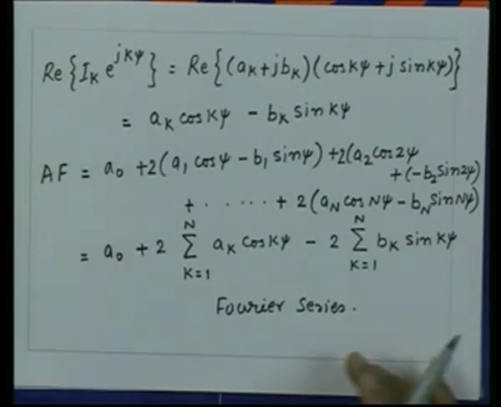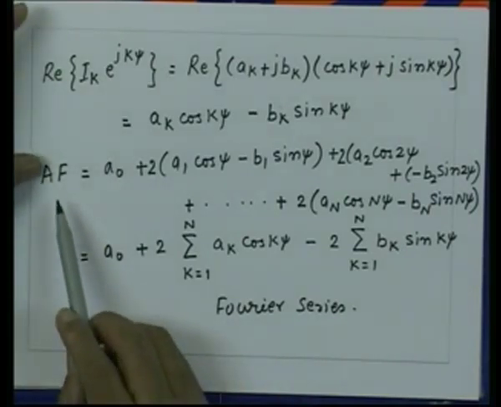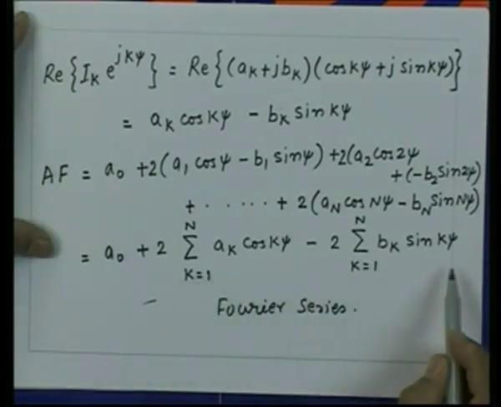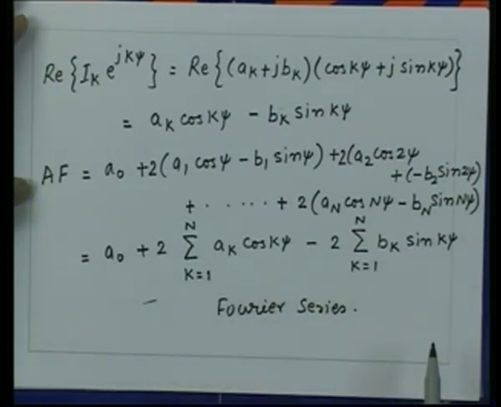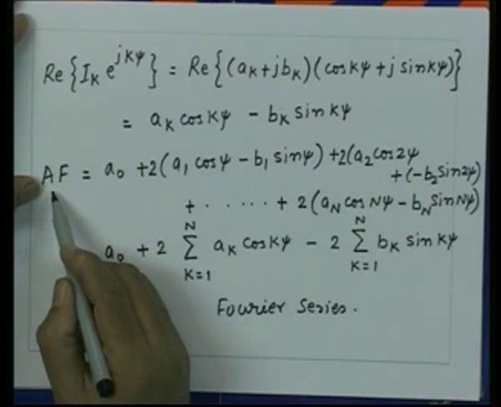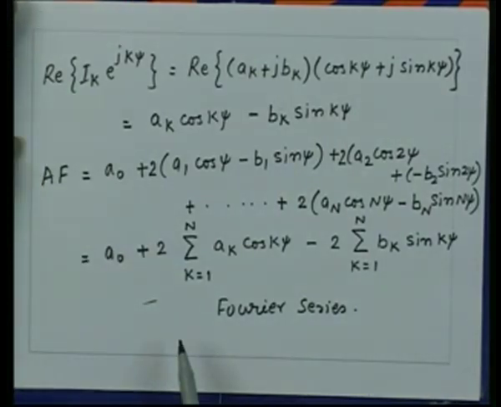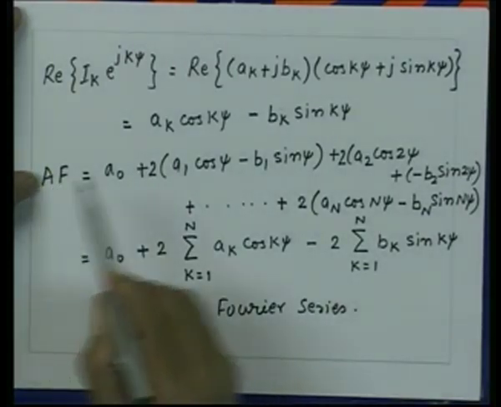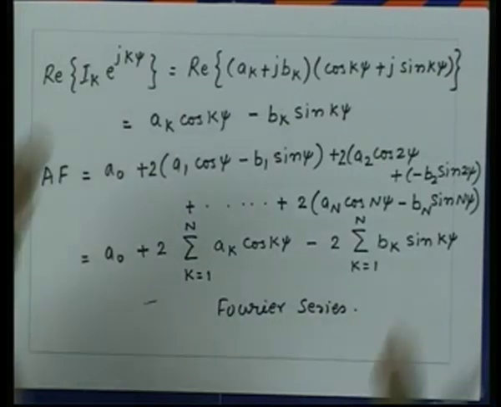So now what we see from here is that the radiation pattern is given by the Fourier series expansion of this, and the larger the number of coefficients in this Fourier series, the better will be the approximation to the array factor. In fact, if we take infinite terms in the Fourier series, then this array factor, which is periodic over psi, can be exactly represented.